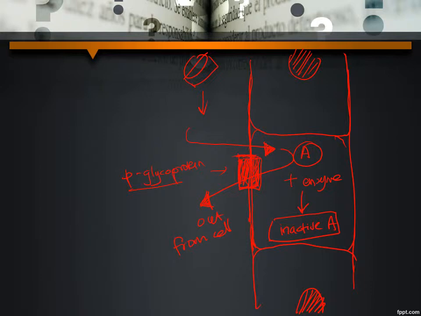So there are two mechanisms that the body uses to protect you, which is first by P glycoprotein, and second by the cytochrome P450 enzyme.